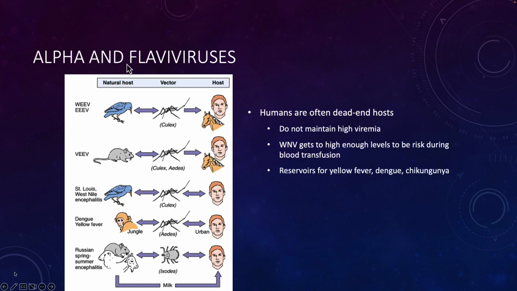With a lot of our alpha and flaviviruses, humans are often, but not always, a dead-end host. This is because we don't often get a high enough viral load in our bloodstream for a mosquito to pick the virus back up from us and transmit to another person.